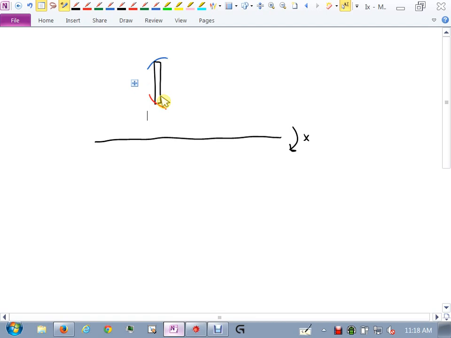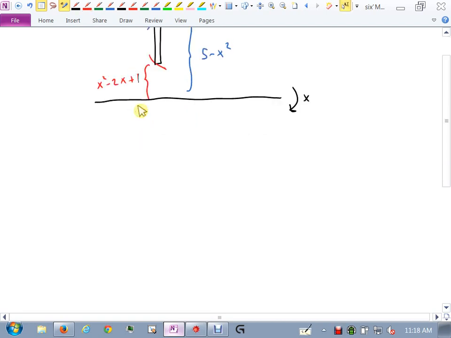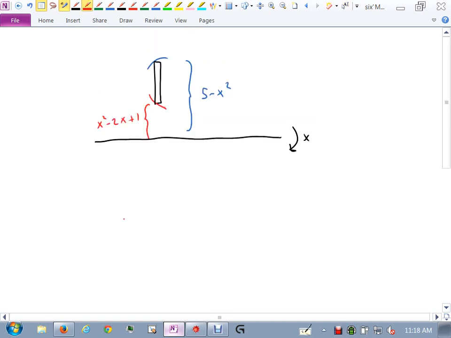So the only difference here, our height is still the 5 minus x squared, and the height here is still the x squared minus 2x plus 1. But when we rotate that, the formula changes, right? That's all that changes, really. We're going to have pi. We're going to have integral. It's still going to go from -1 to 2, so that doesn't change.